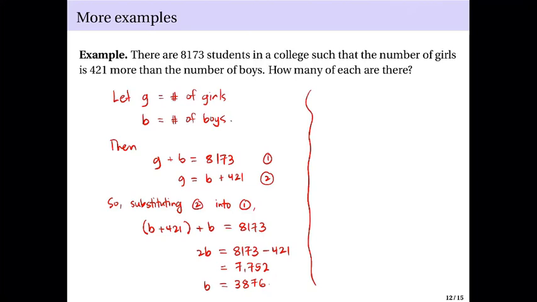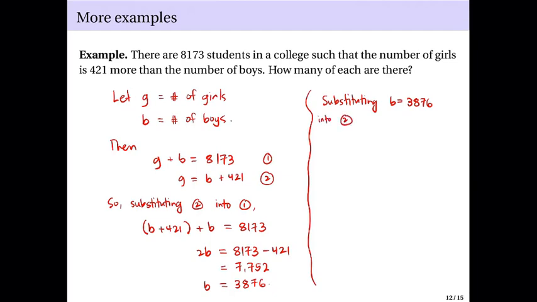So this means that now that we have B, we can solve for G. Substituting B equals 3,876 into equation 2.